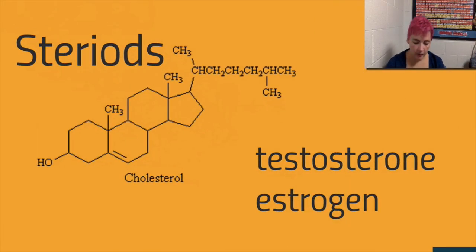Steroids are a large ring structure shown here. Cholesterol is an example of steroids. Testosterone and estrogen are all examples of steroid hormones. The steroids that you would think about taking to grow muscle are a precursor to testosterone. So they are related to this example here.